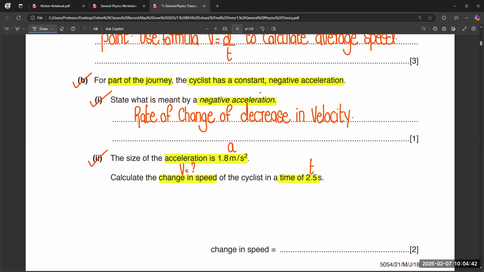So basically, there is a very simple formula of acceleration. Acceleration is equal to velocity divided by time.